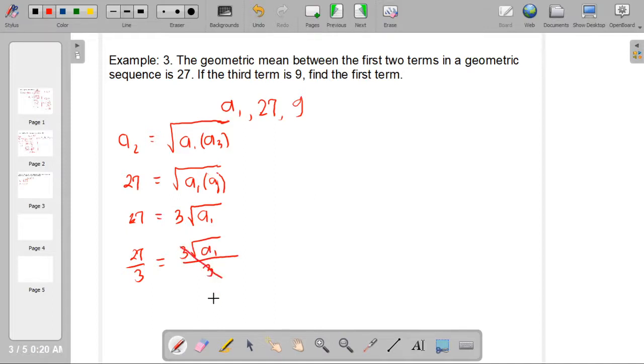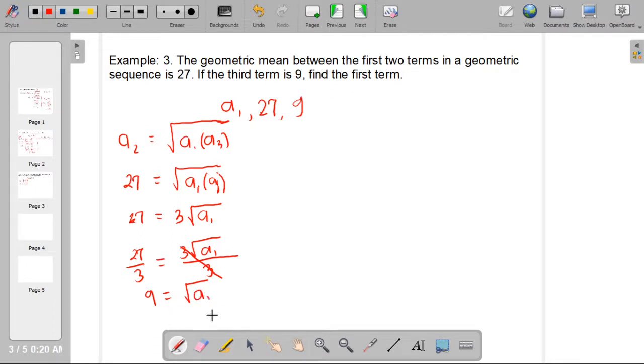So that the 3 is removed, because a sub 1 is what we want to remain. And 27 divided by 3 is equal to 9. So 9 is equal to the square root of a sub 1.